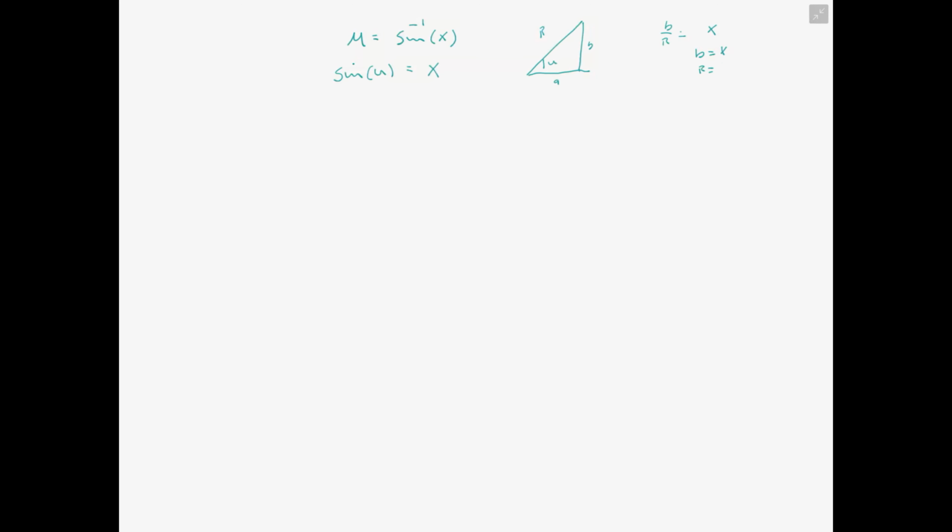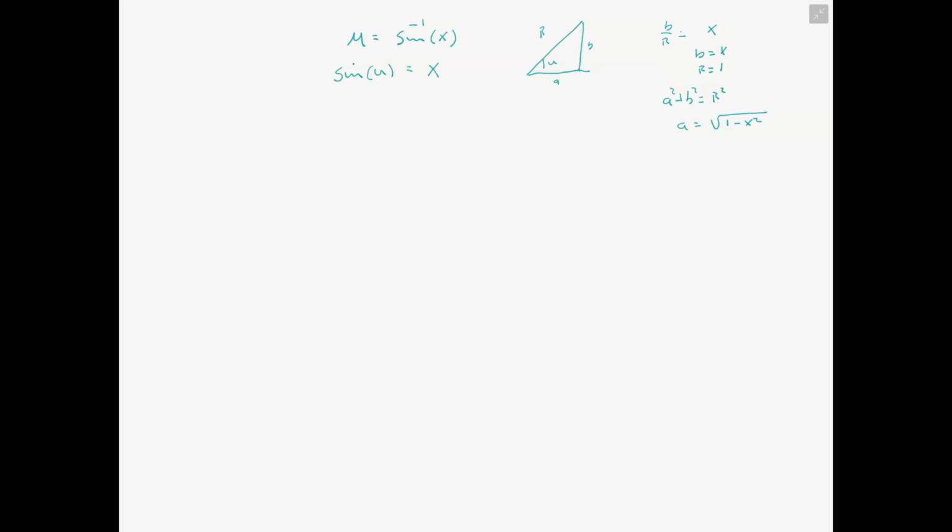So we have b equals x, r equals 1, and a squared plus b squared equals r squared. And we know that b is x, r is 1, so a equals the square root of 1 minus x squared.